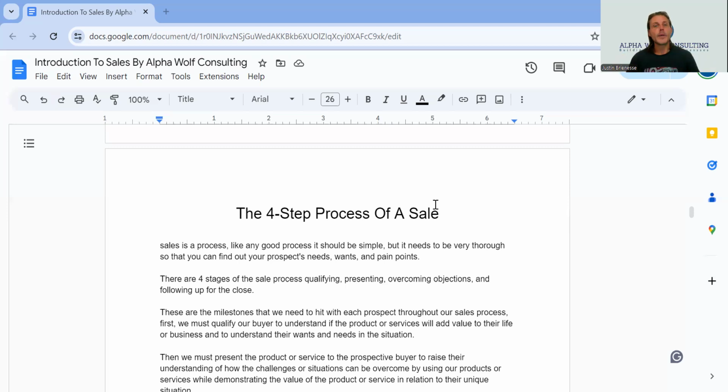And then we're asking for the order so that they understand, look, we can do this for you, okay? And we're not afraid to ask for the order, because in sales, it is a 4-step process. We first qualify them, then we present the information, we overcome the objections or the preconceived notions that they may have, and we ask for the order.